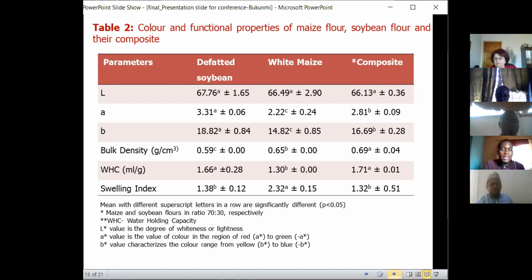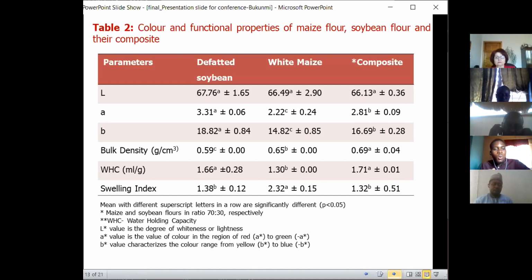Then the bulk density of the sample was also checked. The water holding capacity and the swelling index were also observed. The swelling index of flours shows how much water they can hold, how fast they can rise if added to water. And that is why you can see maize flour having the highest swelling index because of the starch composition.